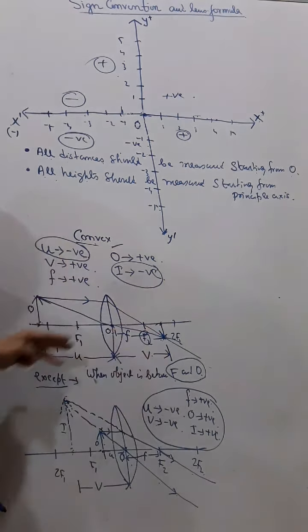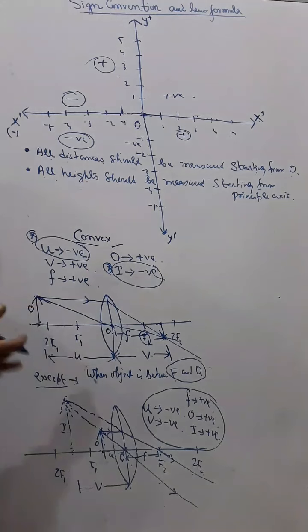So according to that in a convex lens we get this type of sign convention. So in every other case except this, remember, U is negative, V is positive, F is positive, O is positive, and I is negative. So that means in every other case, remember, U and I is negative. So just remember the negative part, that will be better.